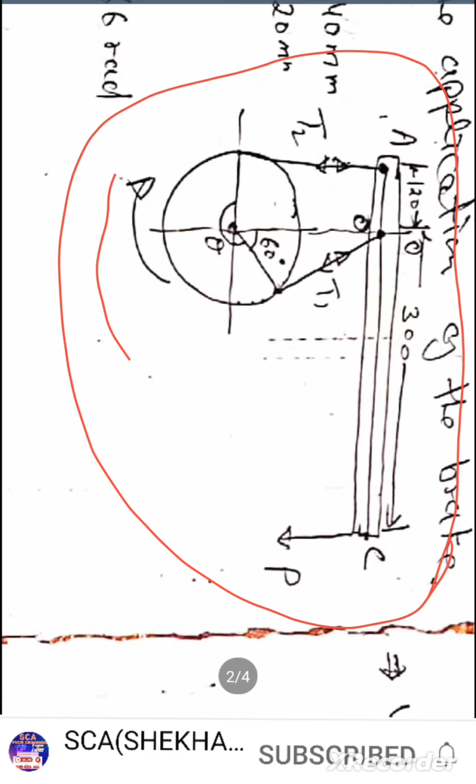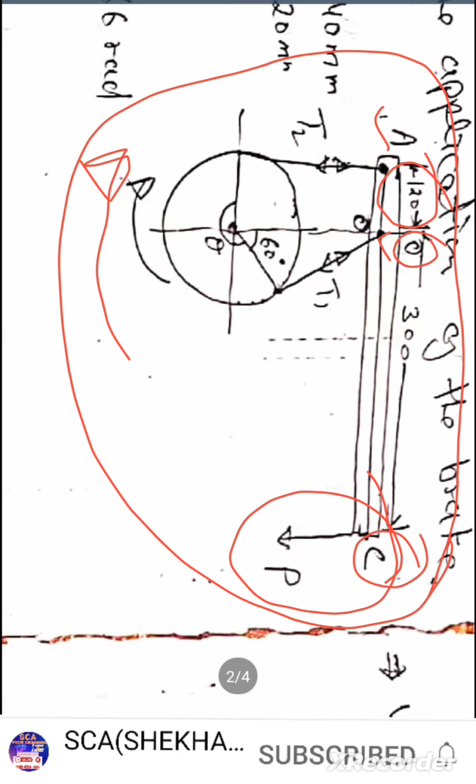The wheel rotates in the clockwise direction. P will act at point C. The distance between A and O is 120 and the distance between O and C is 300 mm.